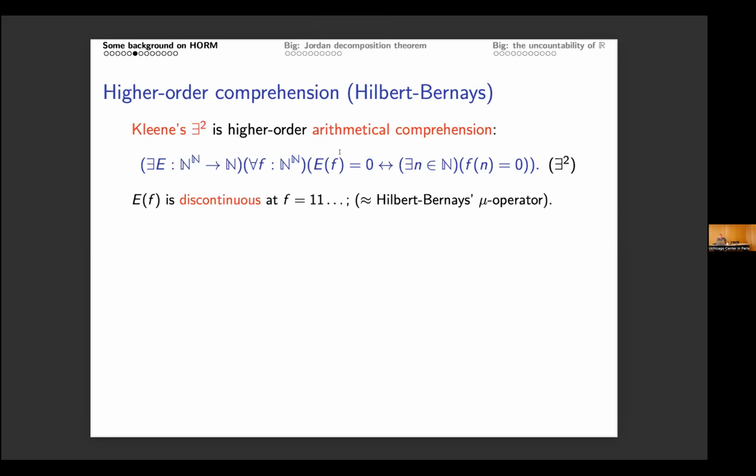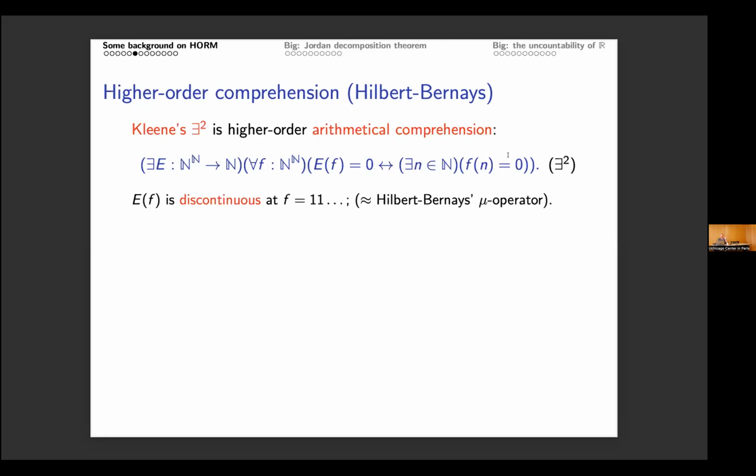So in Hilbert and Bernays' Grundlagen, they formalize mathematics. They have three systems: H, the biggest system; K, where they use the mu operator, or Feferman's mu, which is essentially E2. So Hilbert and Bernays' second system formalized lots of mathematics in essentially arithmetical comprehension based on this operator right here.